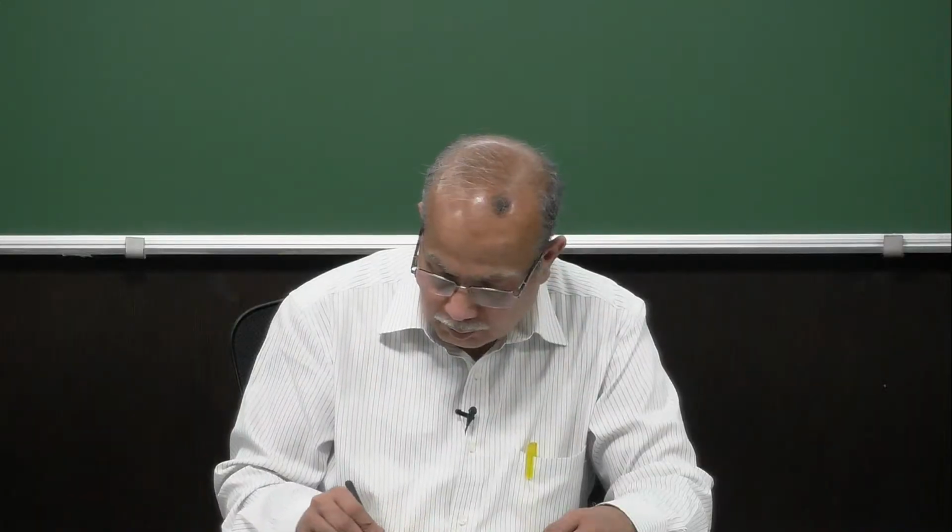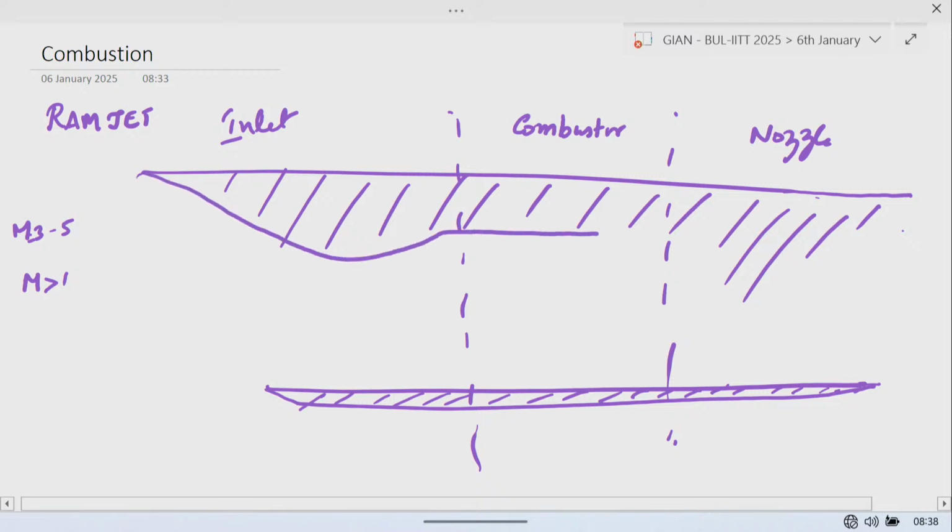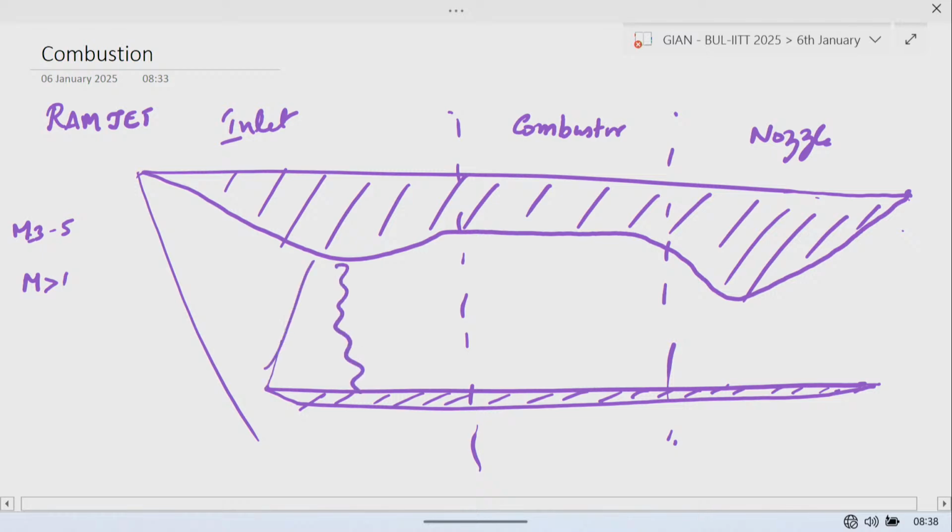We will have oblique shock waves, a number of shock interactions, and a normal shock. So the inlet is of convergent-divergent geometry. We are not going to look at inlets here.